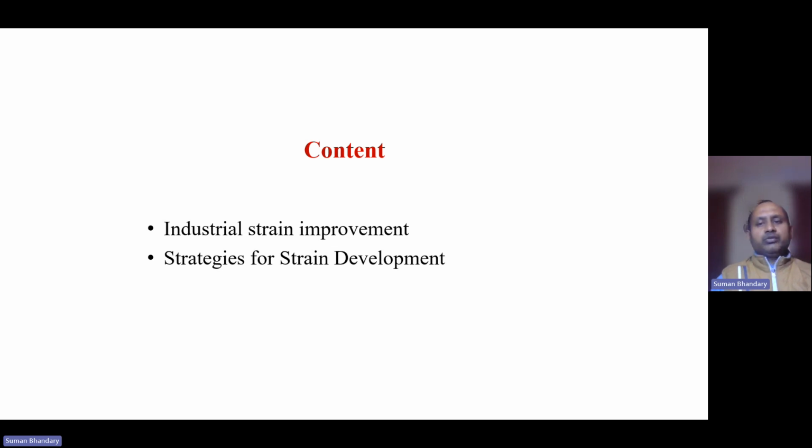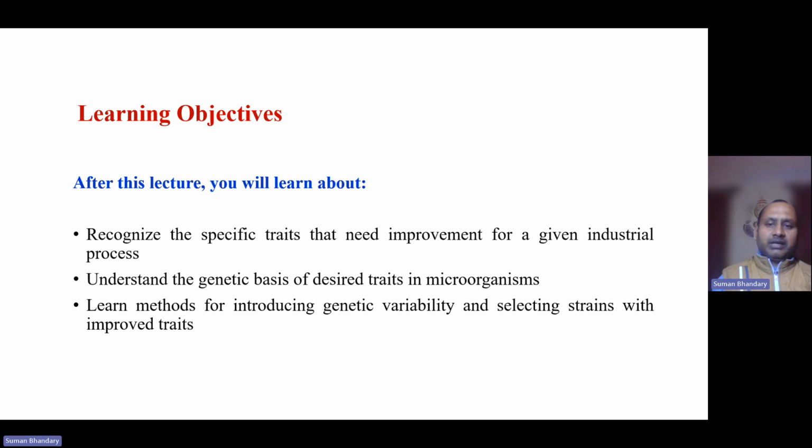But before entering into the topic, let us discuss about what are the learning objectives of today's lecture. At the end of this lecture, you will learn about the specific trait or specific characteristics that need to improve for a given industrial process.